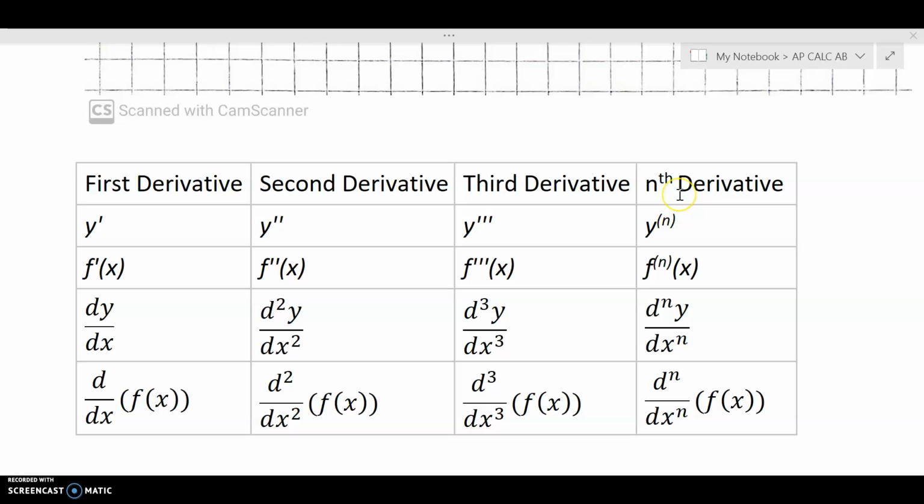So if you want to find the fourth derivative of some function y, then the notation would be y to the 4. Moving on, the same thing applies for f of x and pretty much all of the other notations. You should be familiar with all of these, but once you get the first derivative down, the rest are pretty simple to follow.